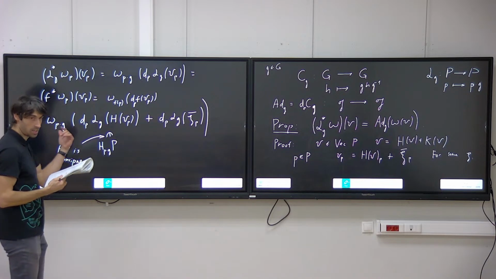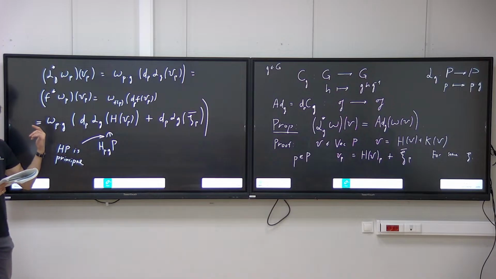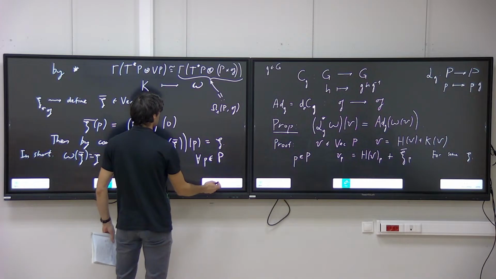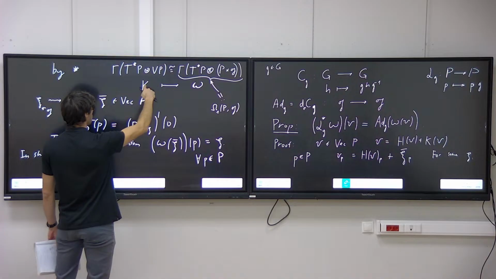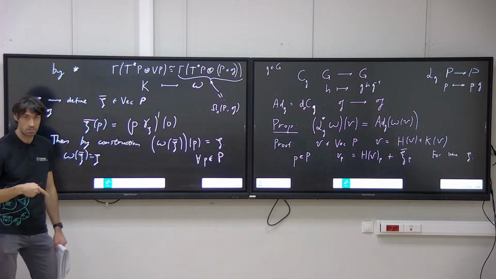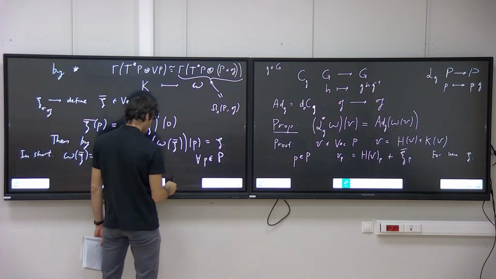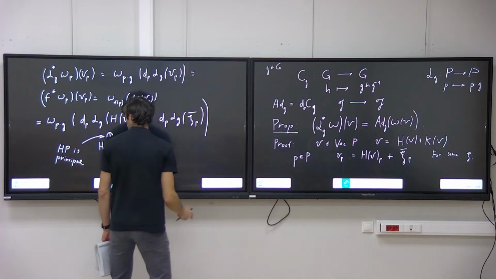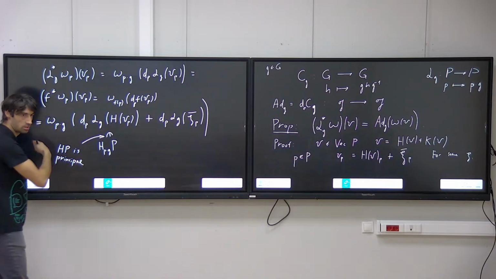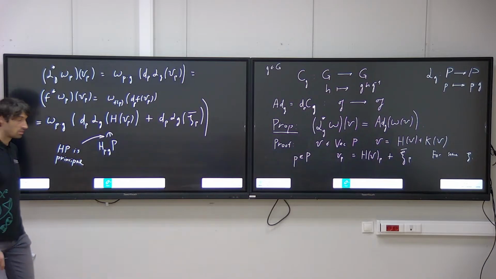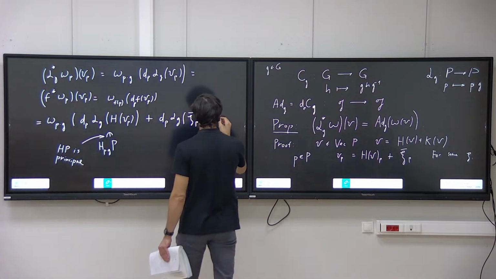so it came from K, right? Because omega was a, so let me go back. Omega, if I'm thinking in these terms, is a projection to the vertical bundle, right? So if I project something horizontal to vertical, it's just zero. So this component is just zero. So what's left is this guy.